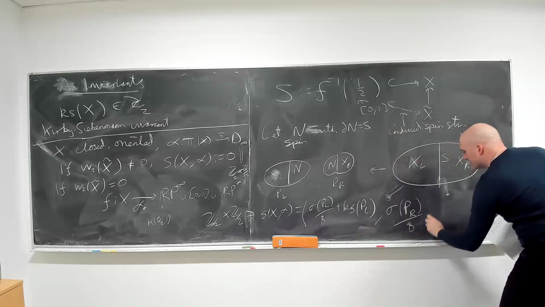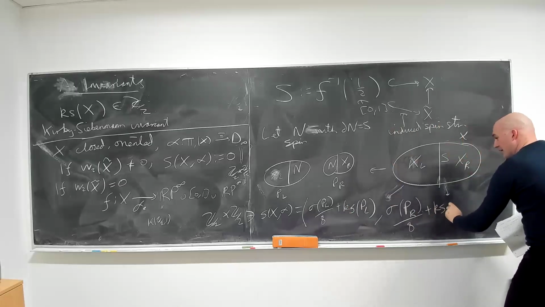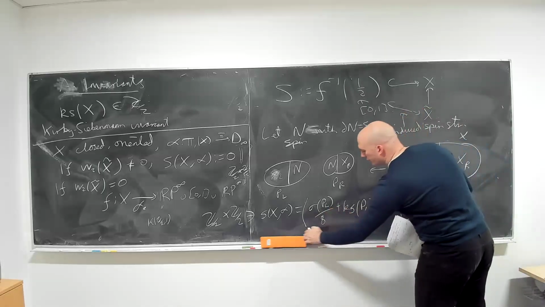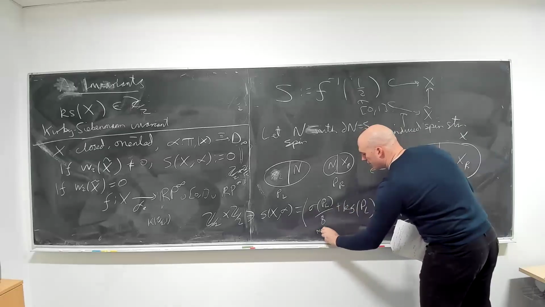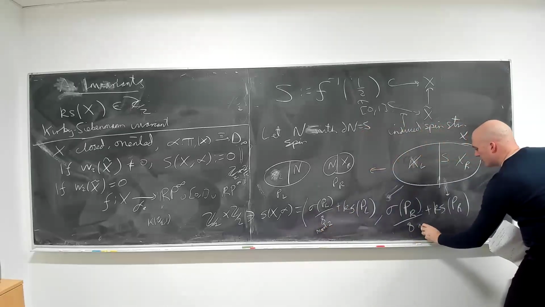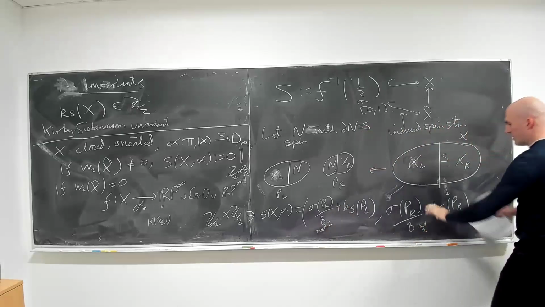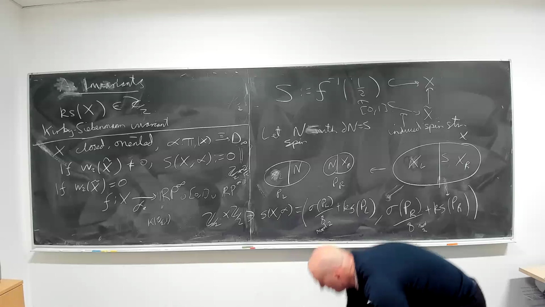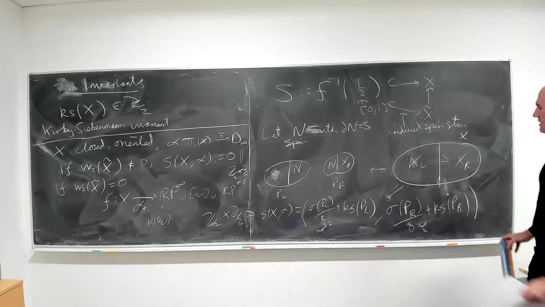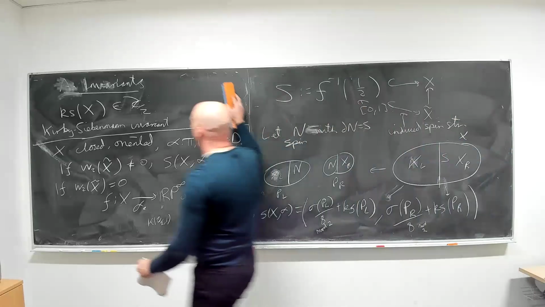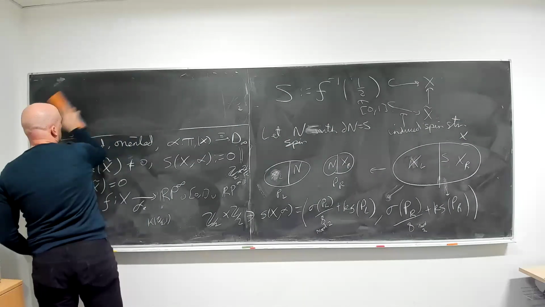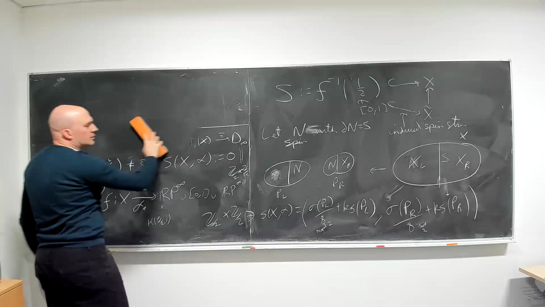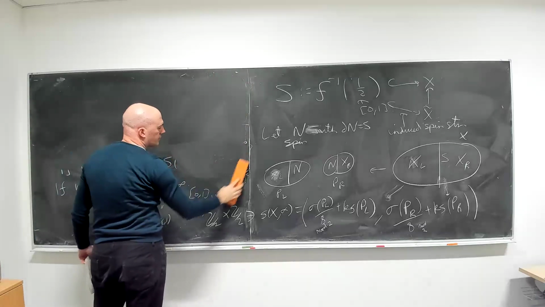So I do the signature divided by 8 plus the Kirby-Siebenmann invariant, and this is taken mod 2. So everything's in Z mod 2, and I get an element of Z2 cross Z2. Okay, so that's maybe slightly mysterious, but it turns out that this is an invariant of the homeomorphism class of such 4-manifolds.